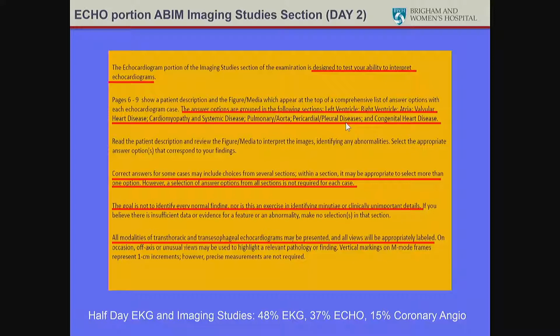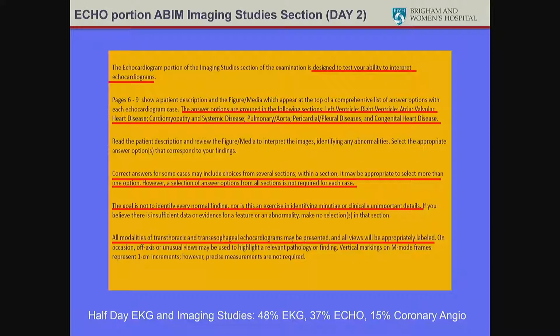And these answer options are grouped into the following sections: the left ventricle, the right ventricle, the atria, valvular heart disease, cardiomyopathy and systemic disease, pulmonary and aorta, pericardial and pleural diseases, and congenital heart disease.